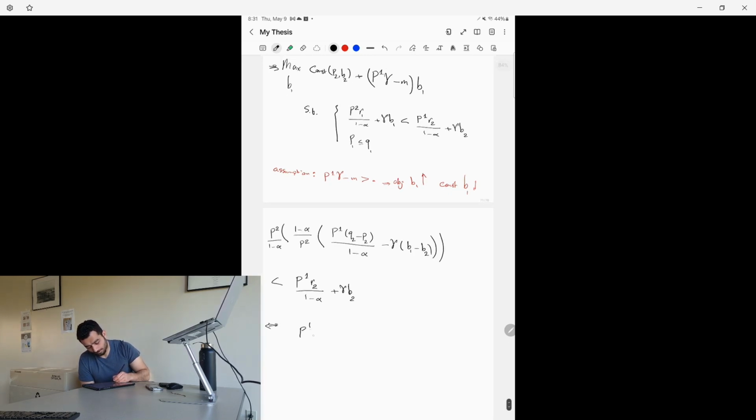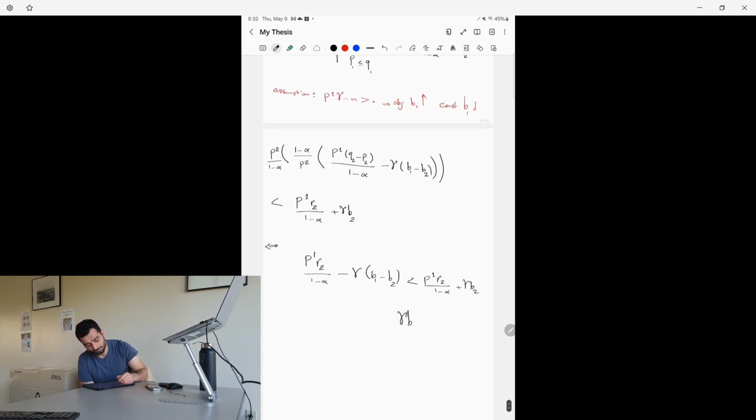P1 R1, P1 R2, so yeah, P1 R2 1 minus alpha minus gamma P1 minus P2 less than P1 R2 1 minus alpha plus gamma B2. It says gamma B1 greater than 0.